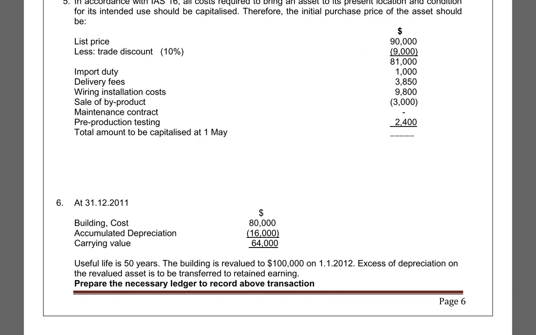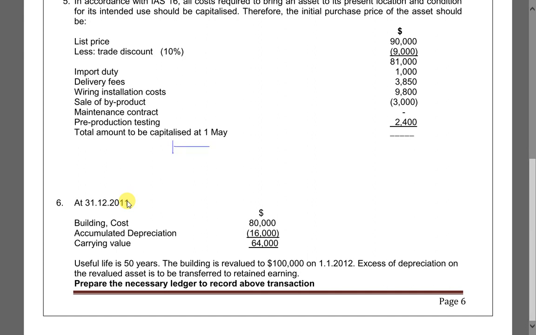So we have a building cost 80,000, accumulated depreciation 16,000 and 64,000 net. Useful life is 50 years. The building is revalued to 100,000 on this date, the beginning of the year. The revaluation date is very important, because if you revalue at the beginning, your depreciation should be based on the revalued amount.